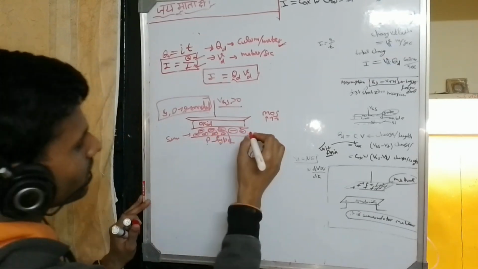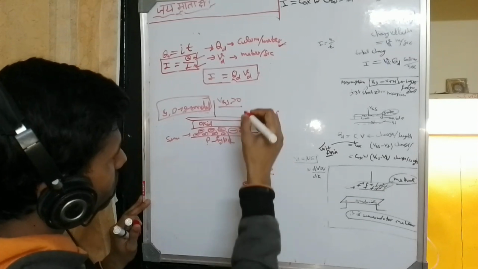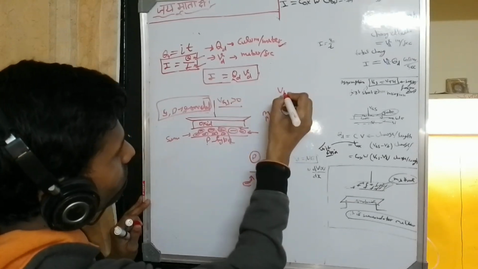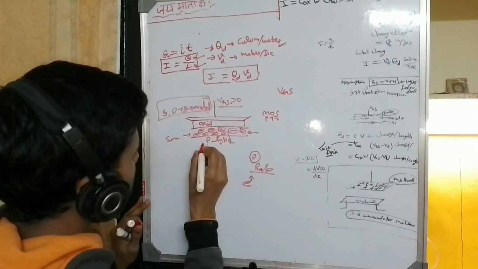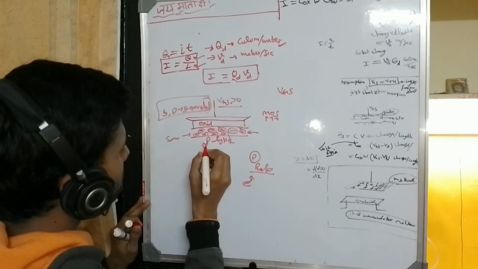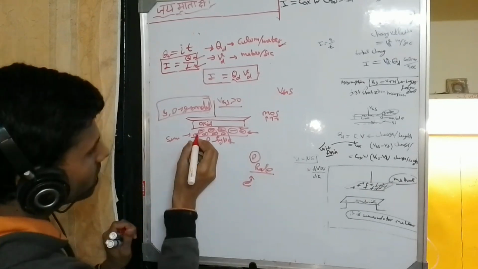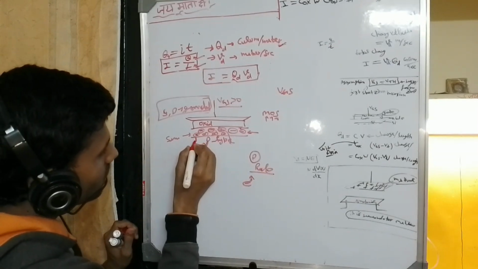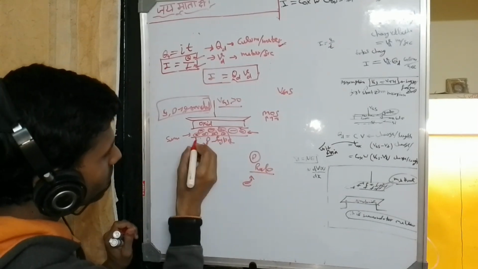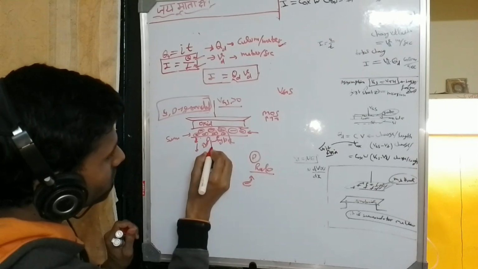Let us suppose after VGS the electric field is such that, if negative charge is created here, then the electrons will also be repelled.